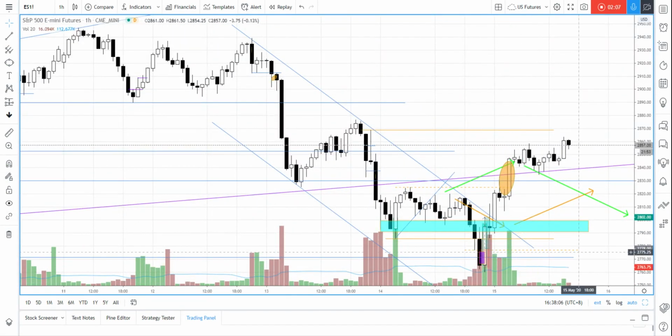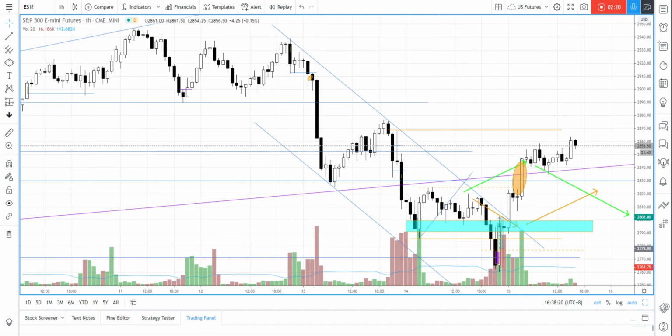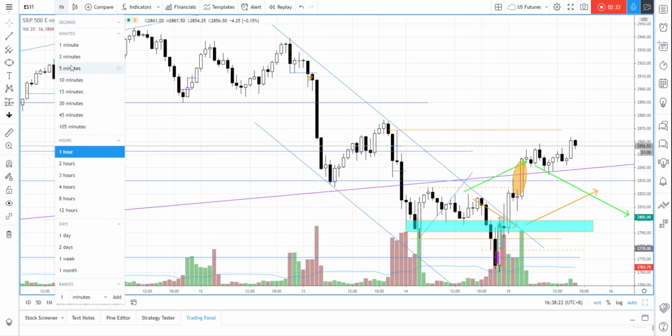This is what I call a spring setup, or if you want, you can call it a false breakdown setup. But anyway, I will dive into M3 for the actual trade review.